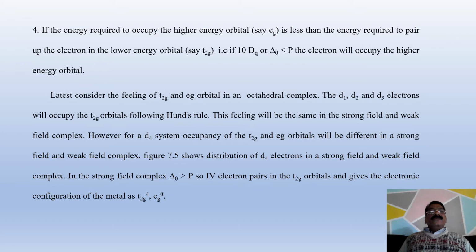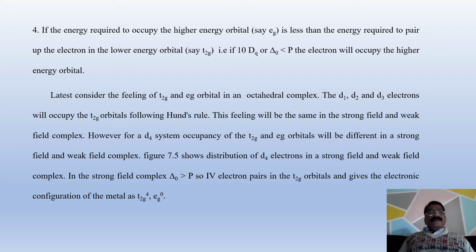If the energy required to occupy the higher energy orbital is less than the energy required to pair up the electron in the lower energy orbital, that is, 10 Dq or delta O is less than P, the pairing energy, the electron will occupy the higher energy orbital.